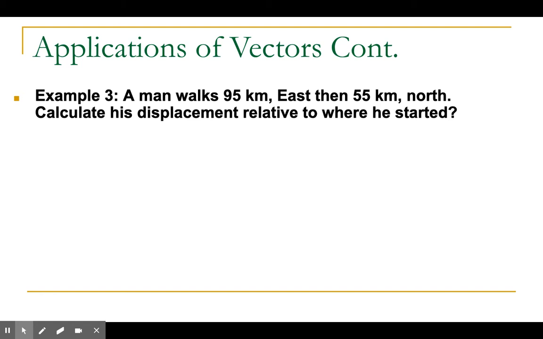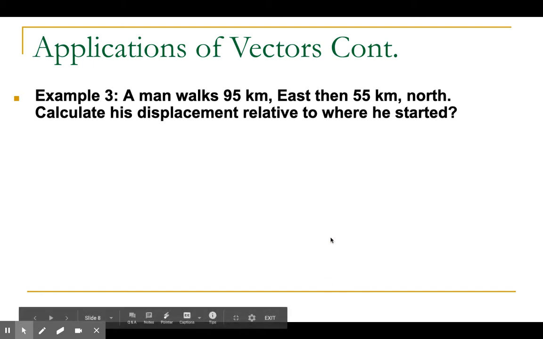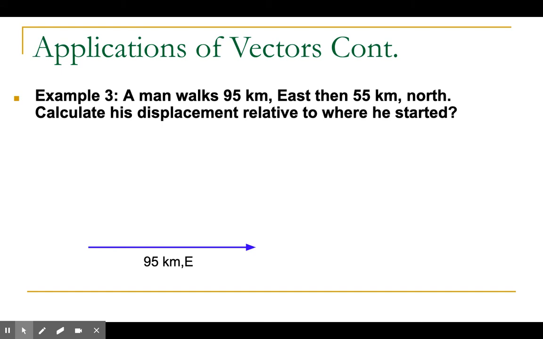So let's stick with our previous method. We'll take 95 kilometers east, and we're going to represent that as a vector. So here's our origin. Our man walks 95 kilometers to the east. He's now located here.